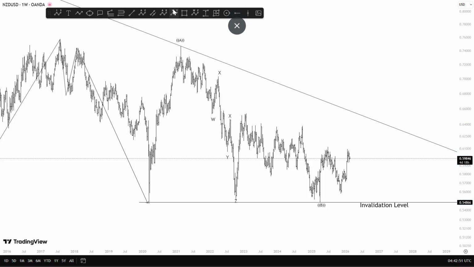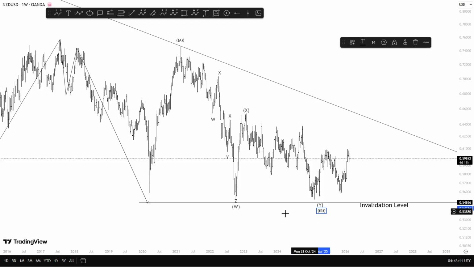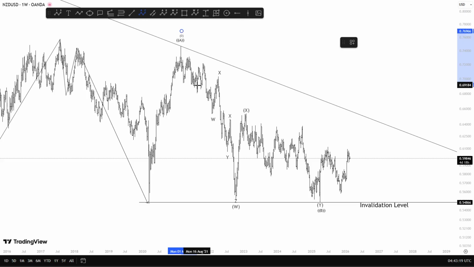So just remove it and label it W, X, and we add our Y along there, which means we have completed our corrective structure after the impulse. This is A, B, C for the W, X, and Y. Okay, and that's it.